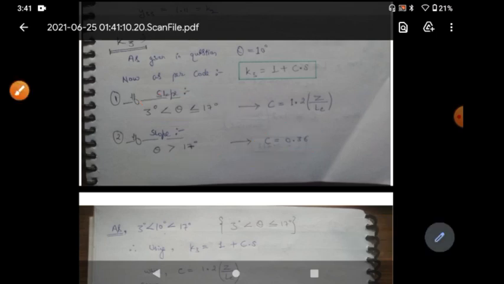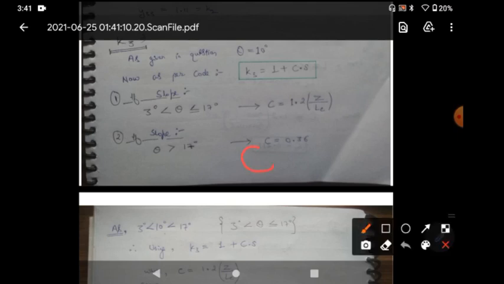As I told you, if the value of theta is greater than 3 degree and lies below 17 degree, then according to our question, our angle theta is given as 10 degree.